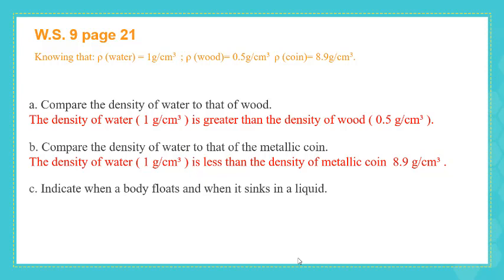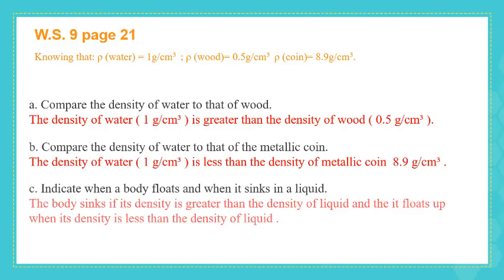And from part B, its density is 8.9 gram per centimeter cube, that is greater than the density of the water, 1 gram per centimeter cube. So we can say that an object sinks when its density is greater than the density of the liquid. So the body sinks if its density is greater than the density of the liquid, and it floats when its density is less than the density of the liquid.